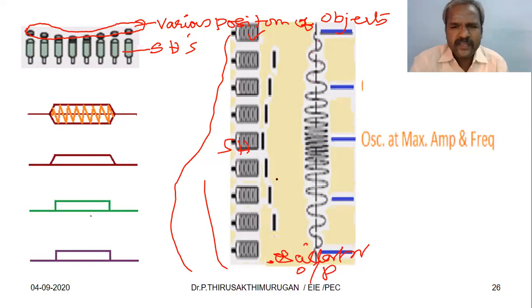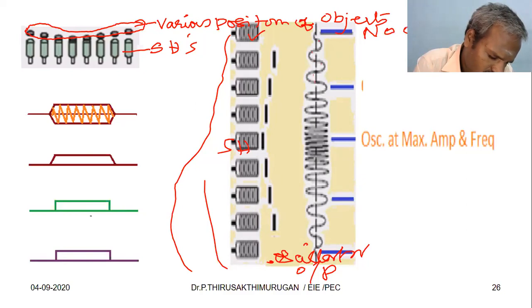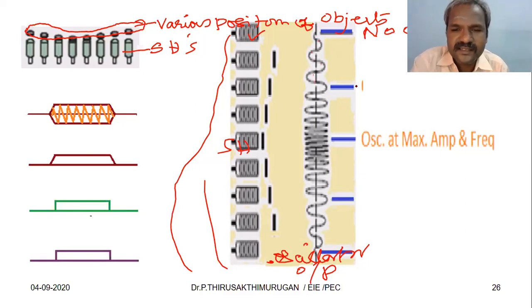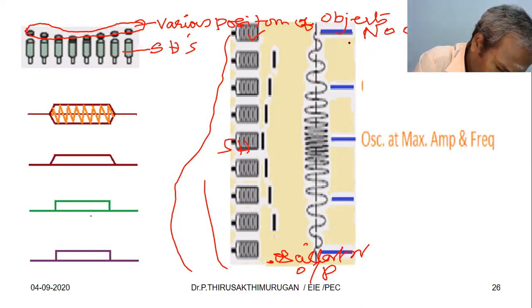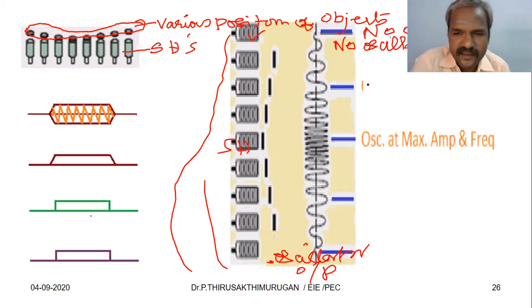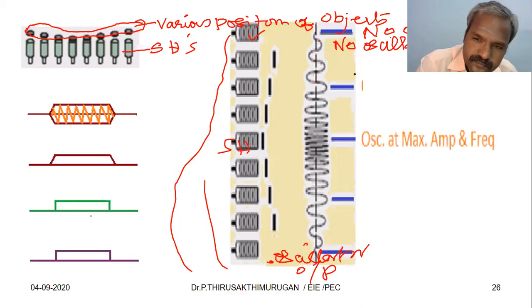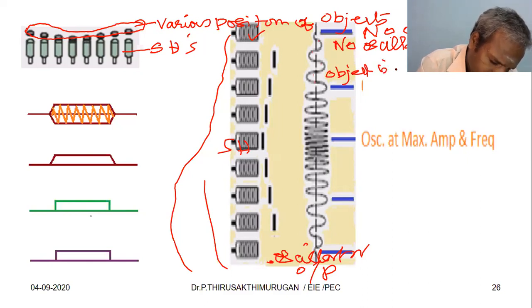This position says no object, so no oscillations. Then the object is nearing the sensor head.